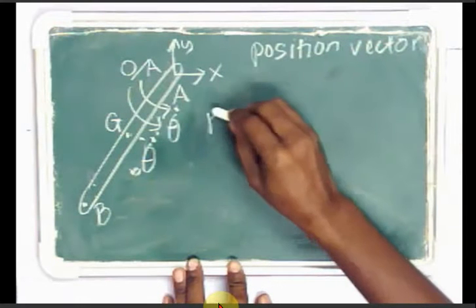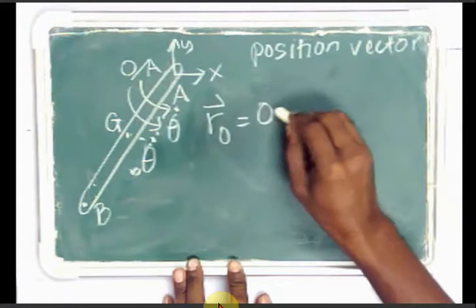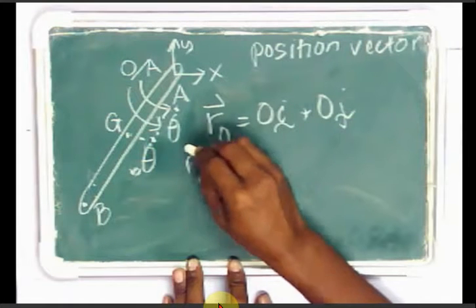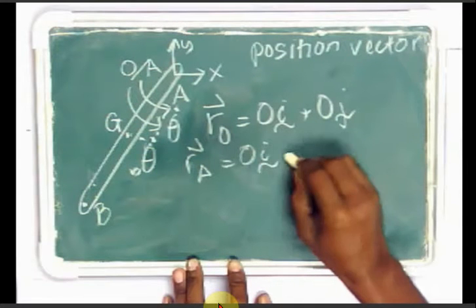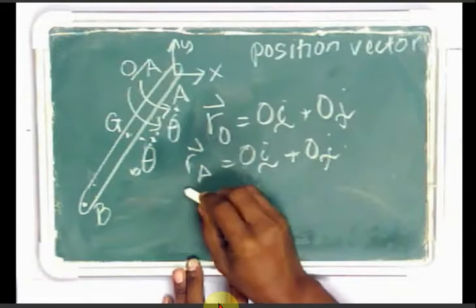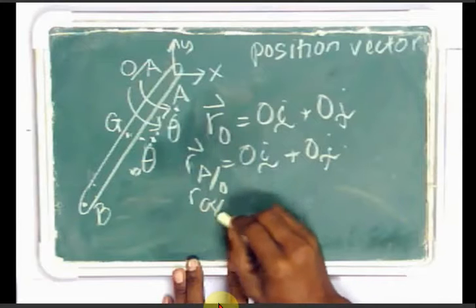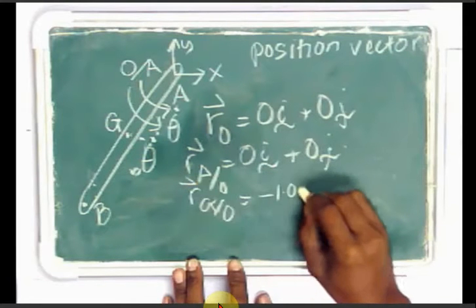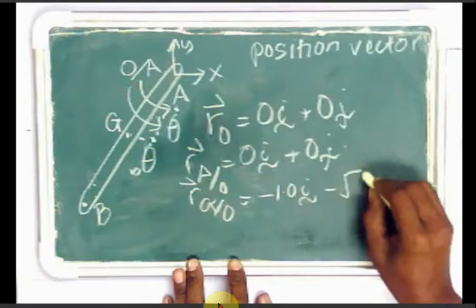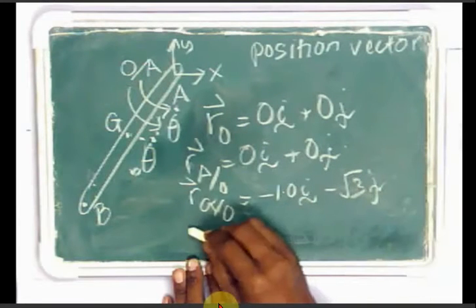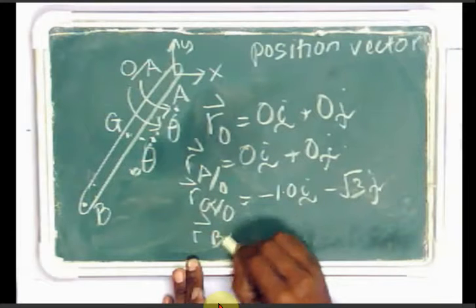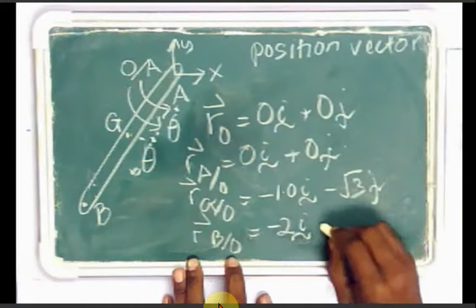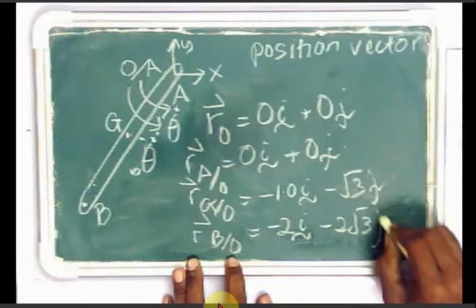We have O is 0i plus 0j, and then we have A is also 0i plus 0j, and R G absolute value is minus 1.0i minus square root 3 j, and for B the absolute value will be minus 2i minus 2 square root 3 j.